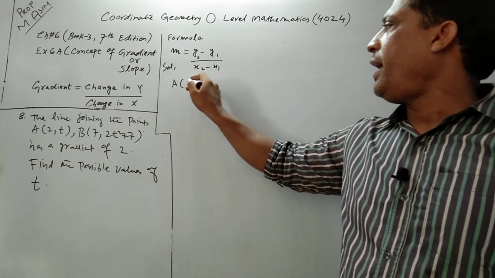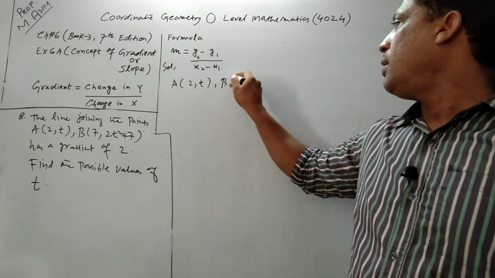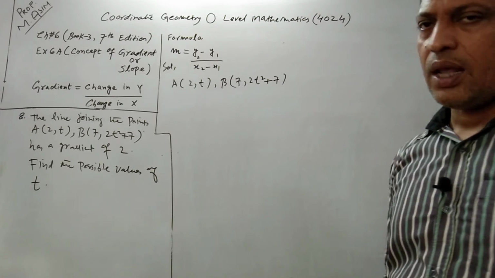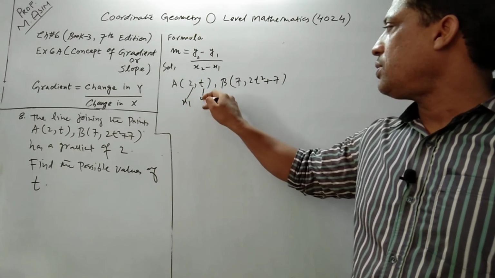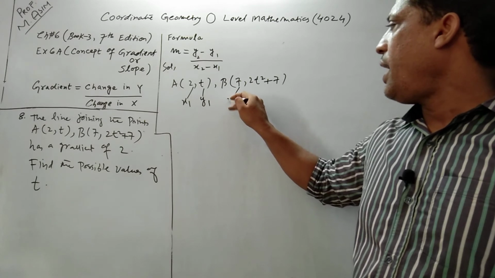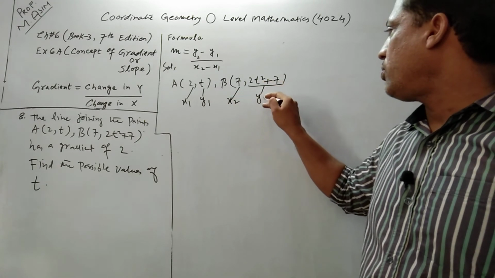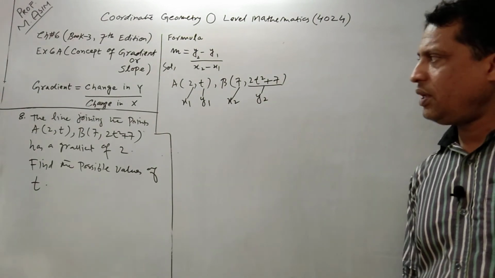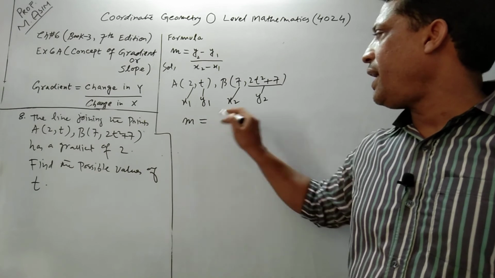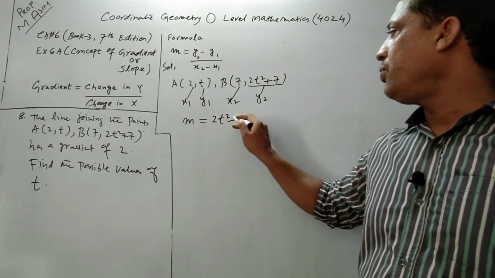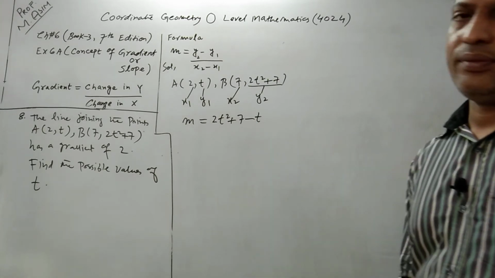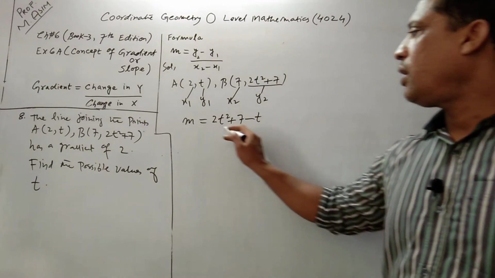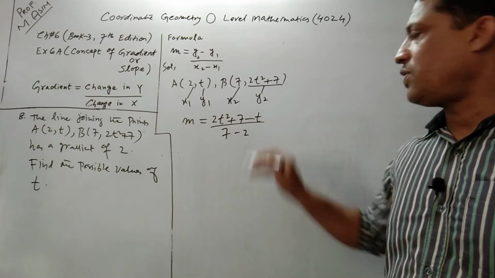Solution: point A (2, t), point B (7, 2t square plus 7). This is your x1, this is your y1, this is your x2, this is your y2. So the key point is your y2 is 2t square plus 7. Therefore the gradient is y2 minus y1, that is 2t square plus 7 minus t, upon x2 minus x1.